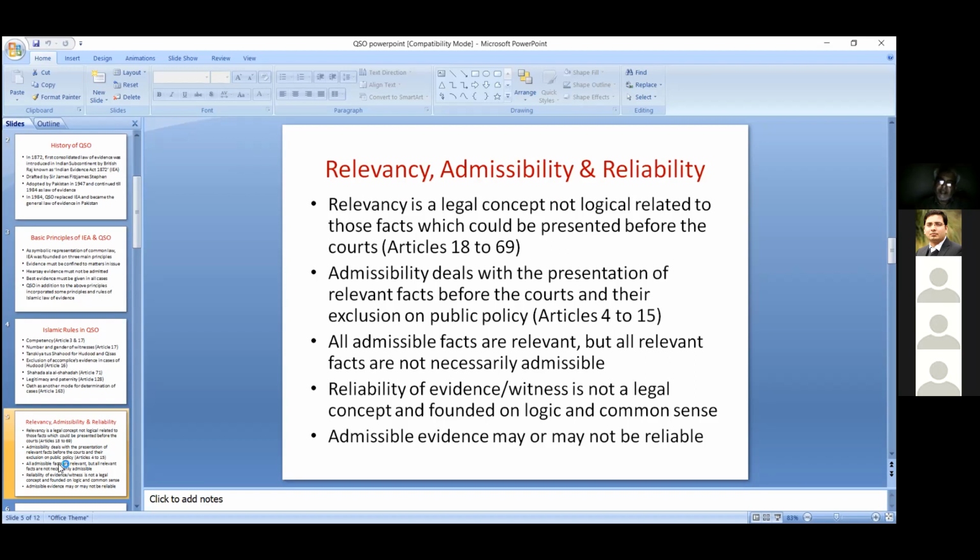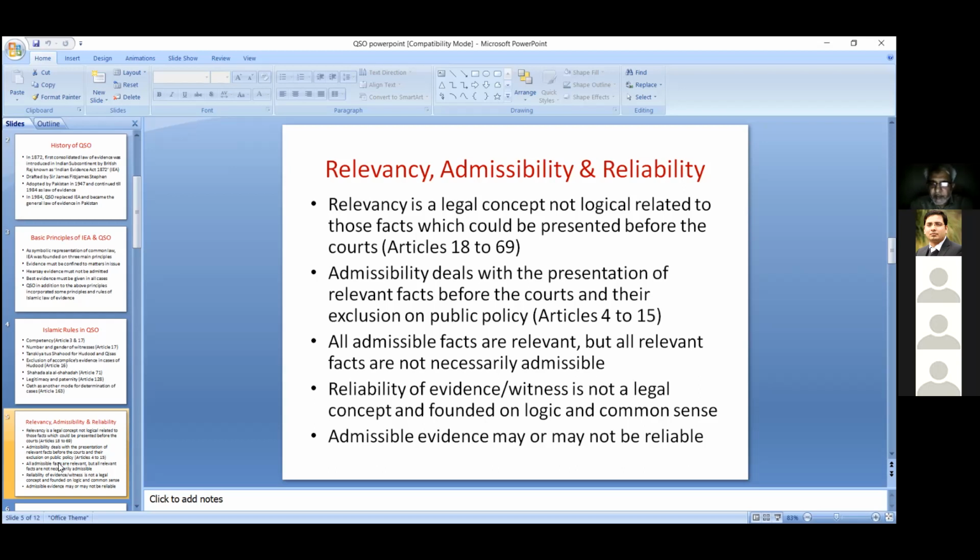But in our legal system, detailed, comprehensive provisions are there, and whenever somebody brings any piece of evidence before the court, he has to prove the legal relevancy of that piece of evidence. And another concept which is connected with relevancy is admissibility.